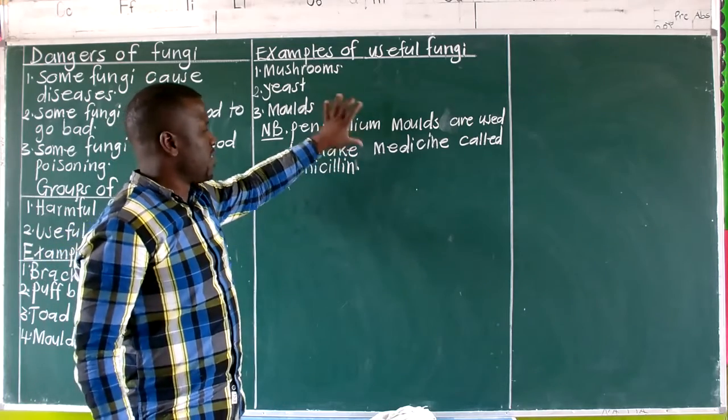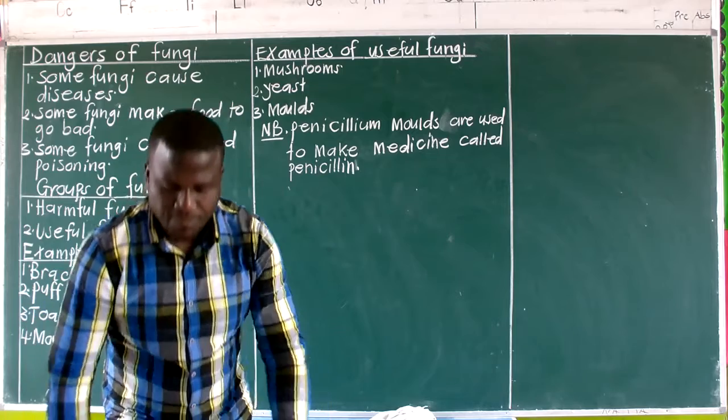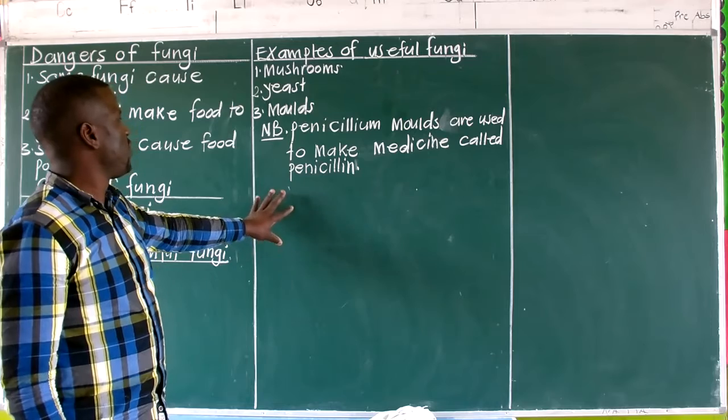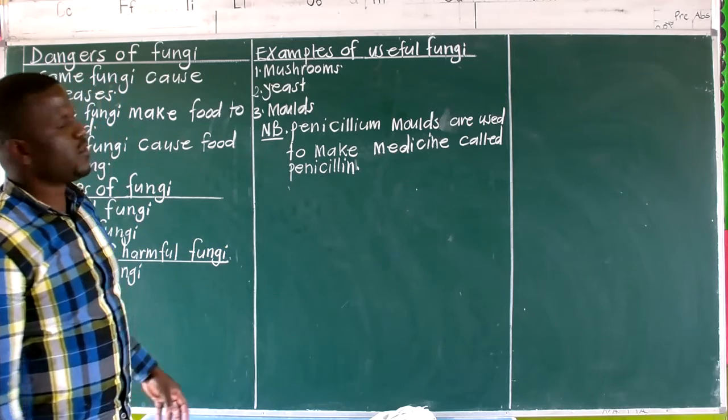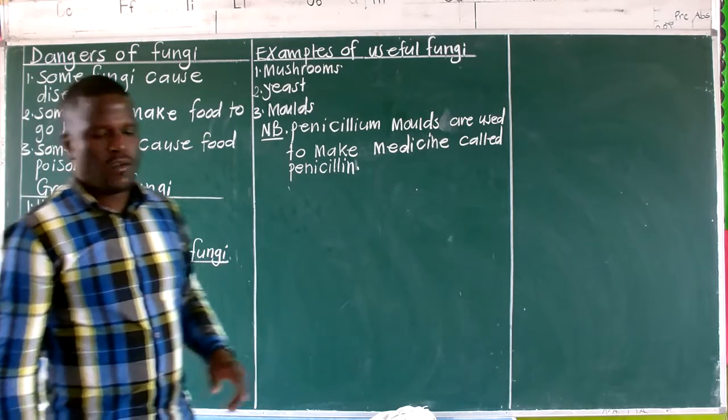So we have molds that are good, we have molds that are bad. So these are examples of useful fungi. Then the other on this side, we have examples of harmful fungi.